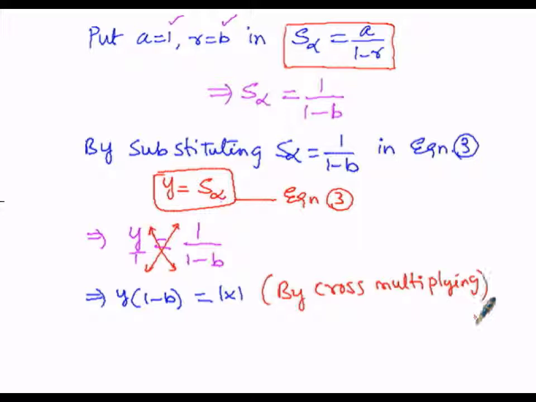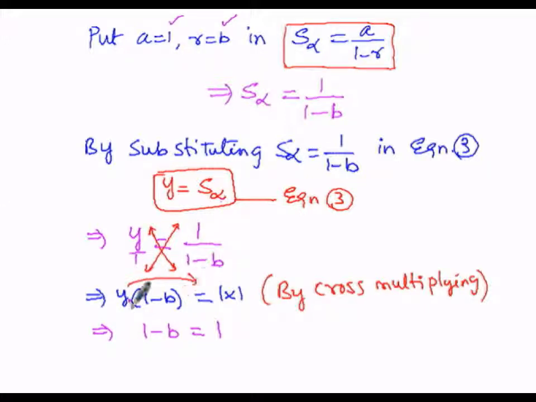Now, since I want to make b the subject, 1 minus b must be written as it is, that equals 1 once is 1. Here there is a multiplication symbol, so the bracket 1 minus b is multiplied with y. I want to transpose this y over to the right hand side.